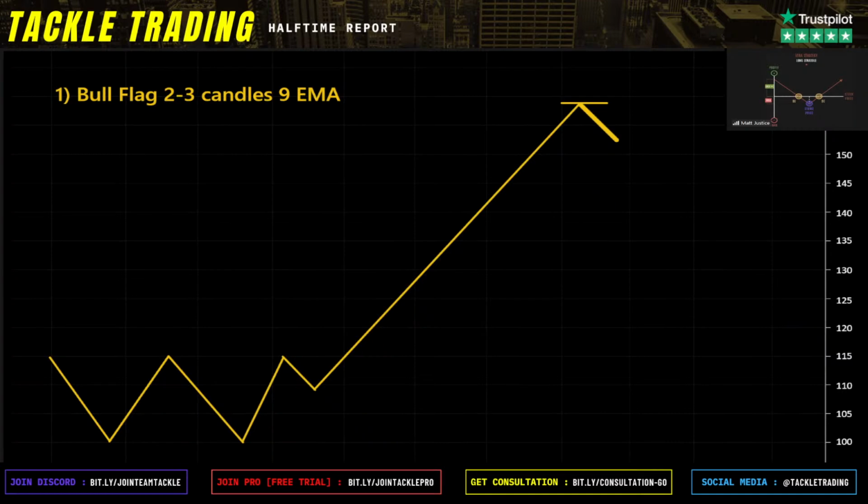That's more of an advanced concept. Use that 9 EMA. That 9 EMA is going to be a really, really decent gauge. And we'll look at that in a little bit here to help you understand where the catalyst of support can certainly form.